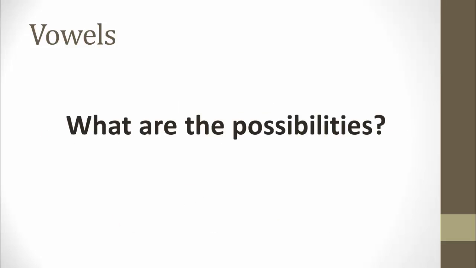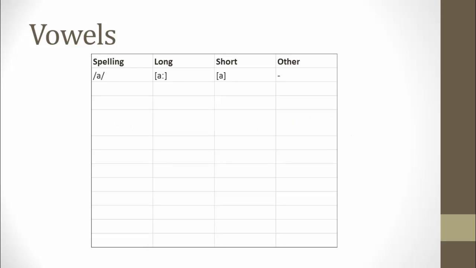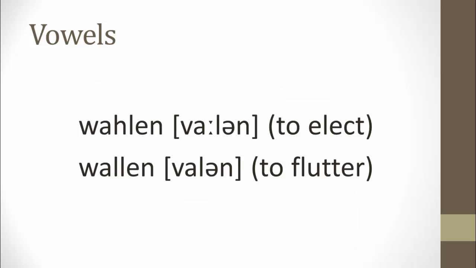And what are the possibilities? Here we have a chart with the spelling, and then the long sound, the short sound, and if there's another version or a diphthong or something other than long or short, it's in the last column. So with the A spelling, it can be either long or short. We have Wahlen, Wallen.